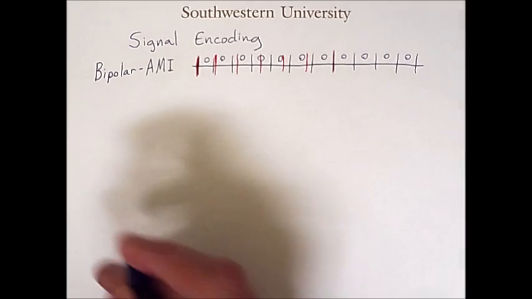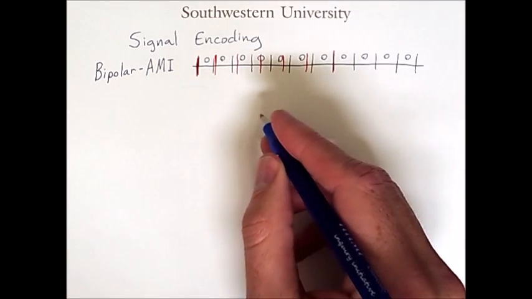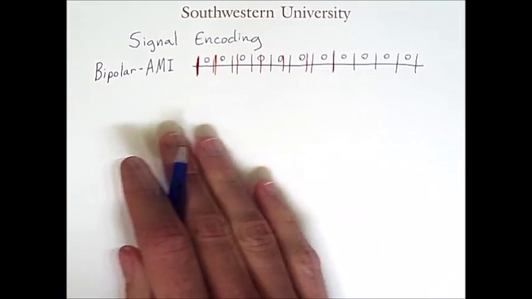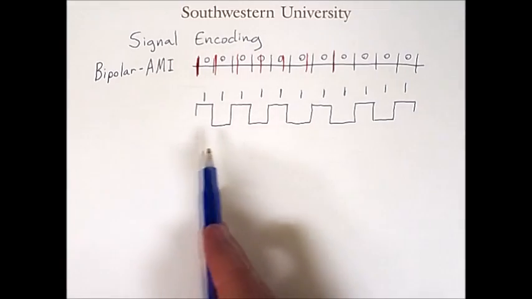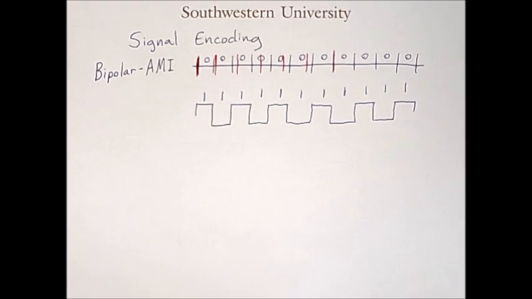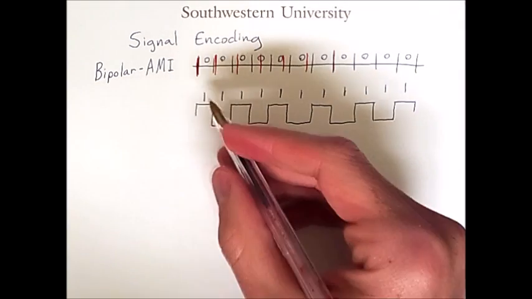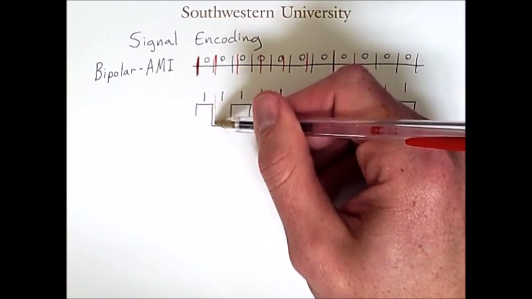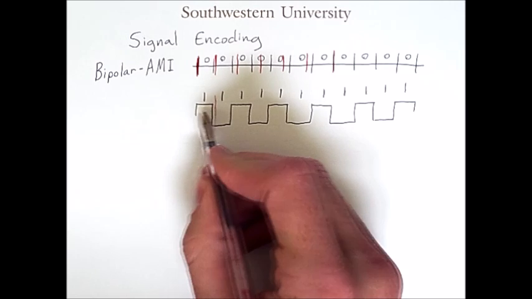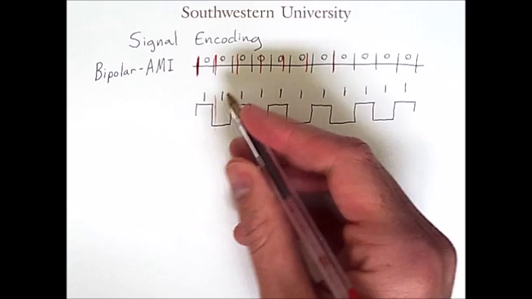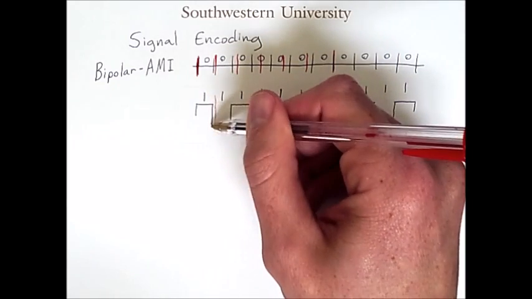Now, note that with bipolar AMI, we don't have a problem if we send lots of ones for the following reason. Let's say that I want to send a signal of all ones. This is what the sender would send if it wanted to transmit all ones. Now, it is still possible for the receiver's clock to drift, but if the receiver thinks that this is the point at which this interval should end, it will be corrected in that false assumption by the fact that the voltage suddenly drops at this point.